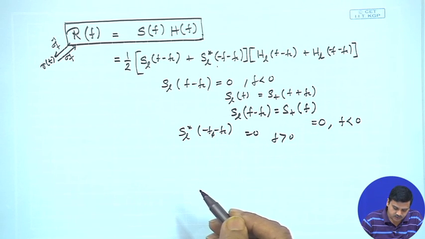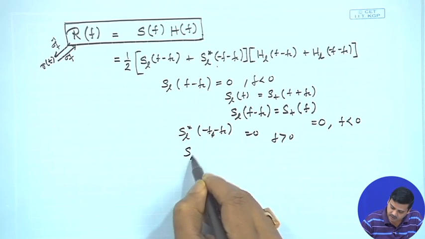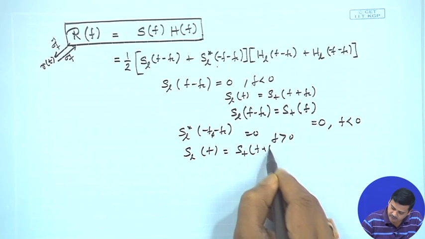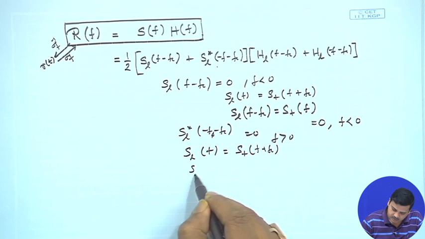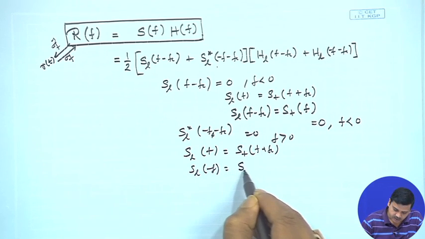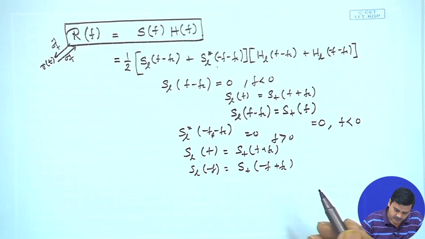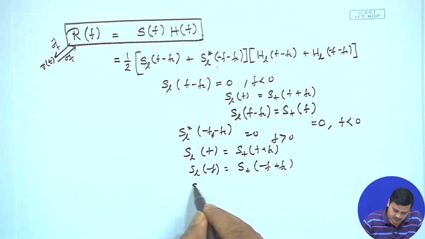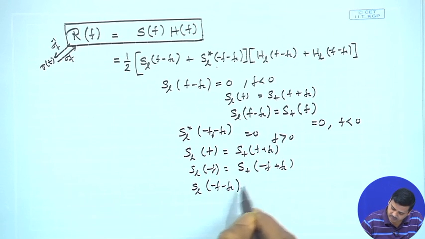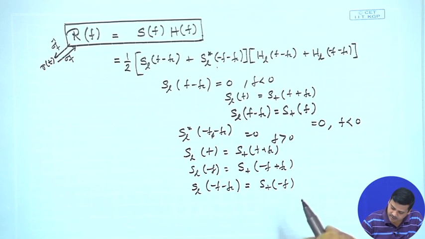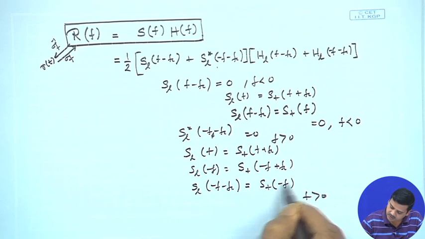To argue on this front, you could also set up in a similar way that S_L(f) is equal to S_plus(f plus f_c), and then S_L(minus f) is equal to S_plus(minus f plus f_c), and then you could say that S_L(minus f minus f_c) is equal to S_plus(minus f), and if I would put f greater than 0, so you are going to get S_plus(minus f), that means negative values, which is 0.